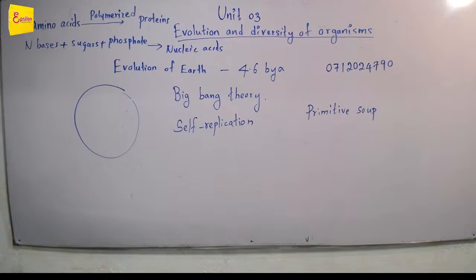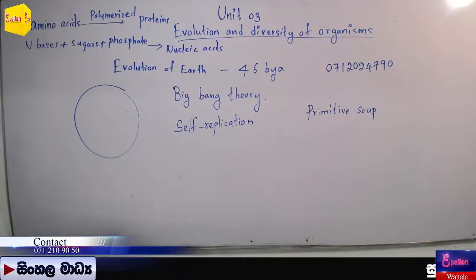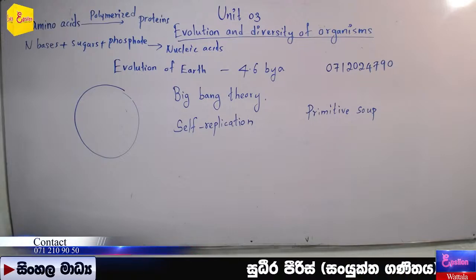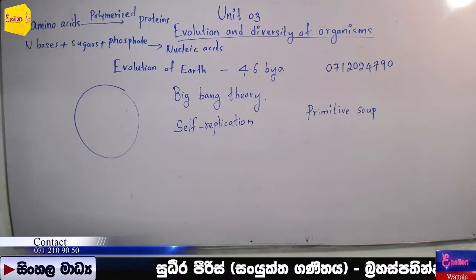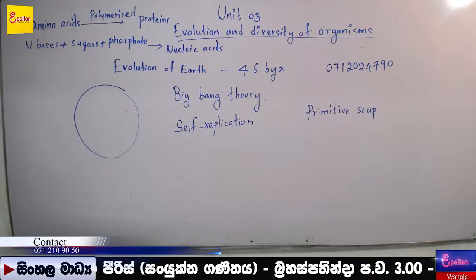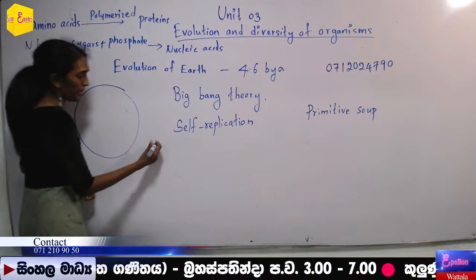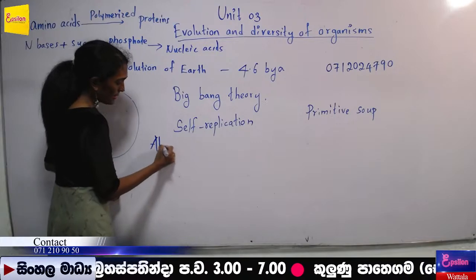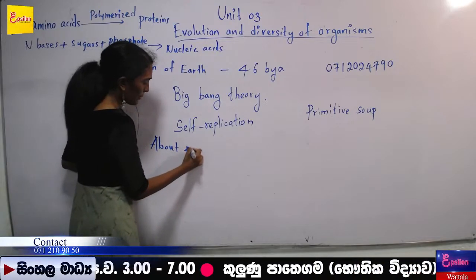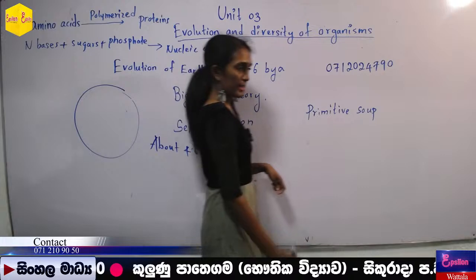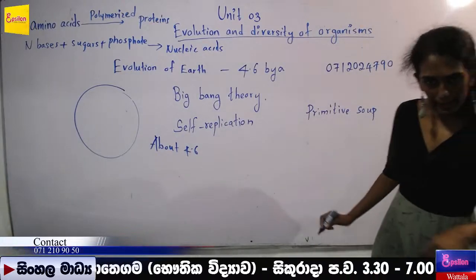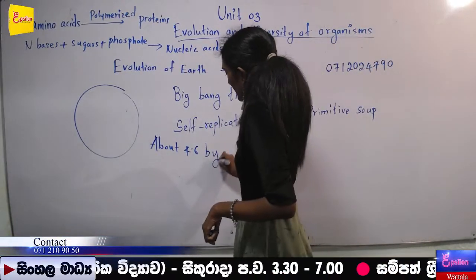Think well. Any answer? About 4.6 billion years ago. That's the most correct answer, isn't it? No one was living at that time. Nobody knows exactly that it is 4.6 billion years ago, right? So write the correct answer there.